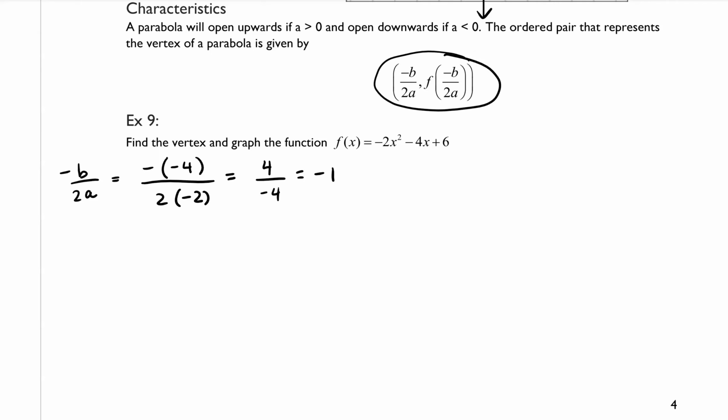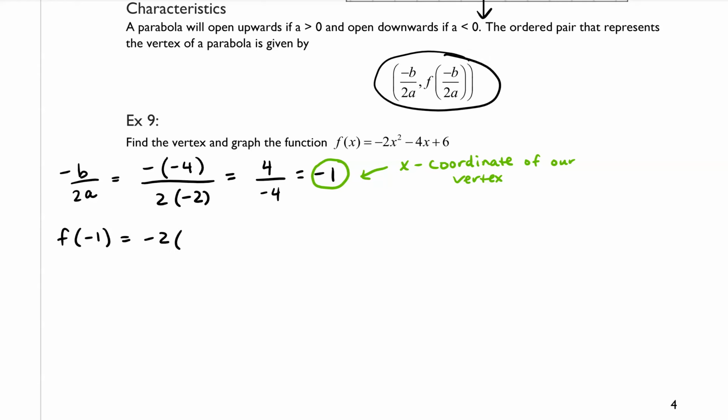Now, if you're still unsure of what this number represents, this is the x-coordinate of our vertex. So since we have the x-coordinate, we can use that to figure out the y-coordinate of our vertex. We're just going to take negative 1 and plug that into our function.